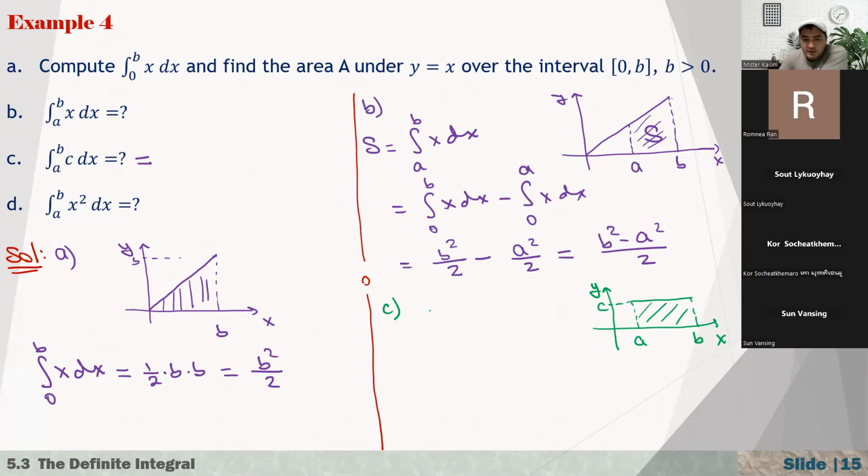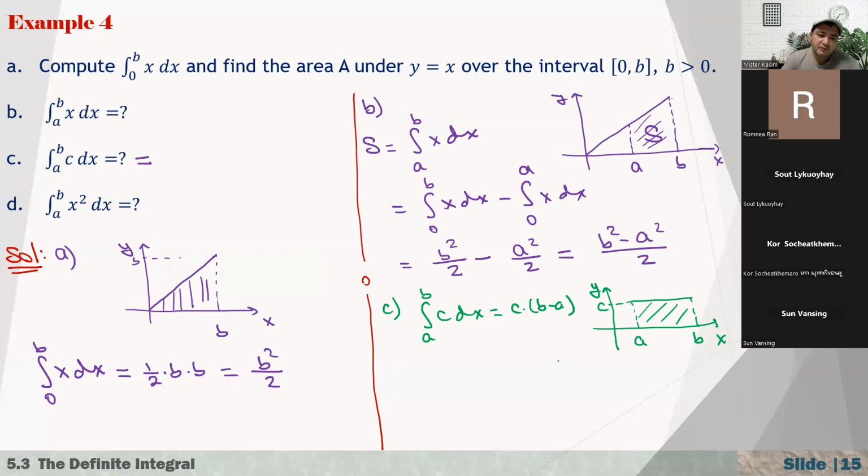It is C. So in C, the definite integral from A to B of c dx, by the definition, since C is non-negative here, is just equal to the area of this rectangle. That's equal to C times (B minus A).